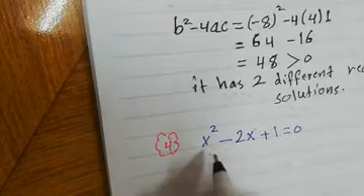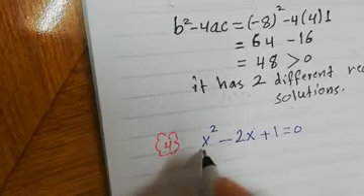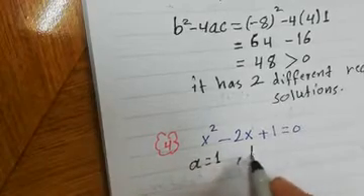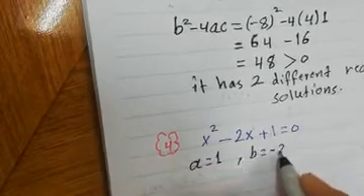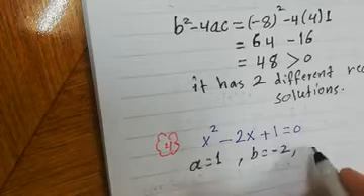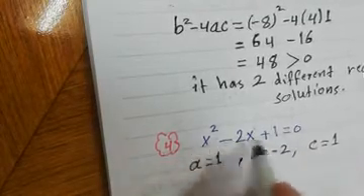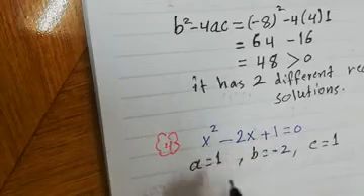Now apply this: a is 1, b is negative 2, and c is positive 1, because this is written in the standard form.